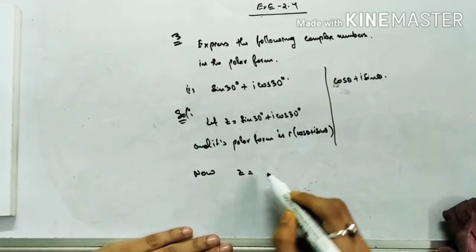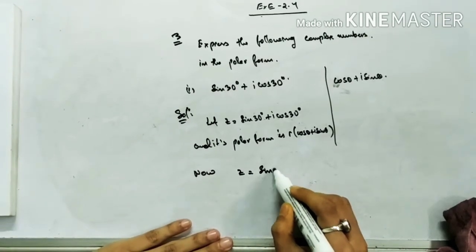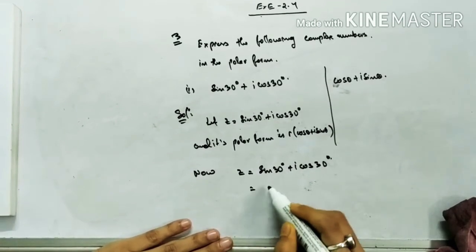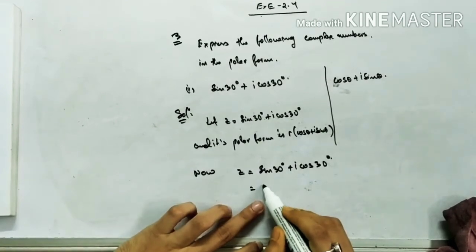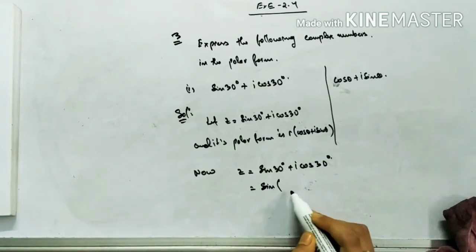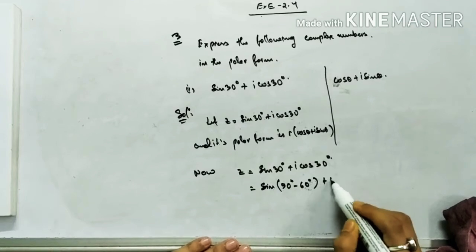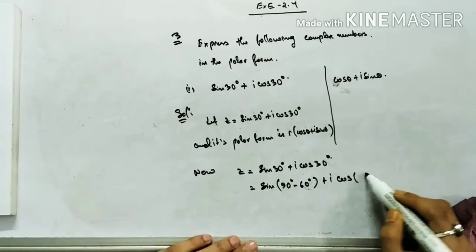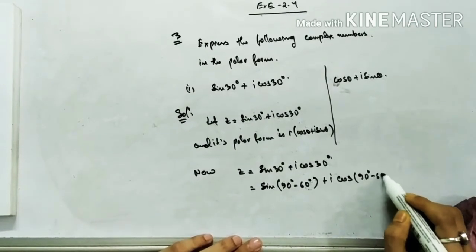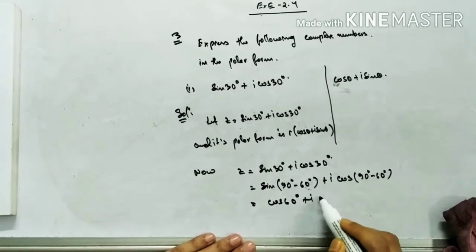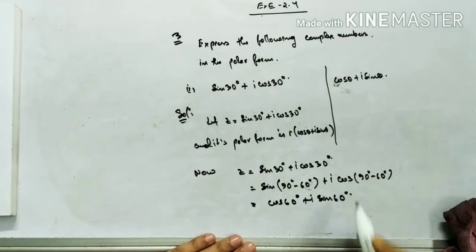Now you see z is equal to sin 30 degree plus i cos 30 degree. So sin 30 I can write as sin of 90 minus 60, plus i cos of 90 minus 60. So this becomes cos 60 plus i sin 60.